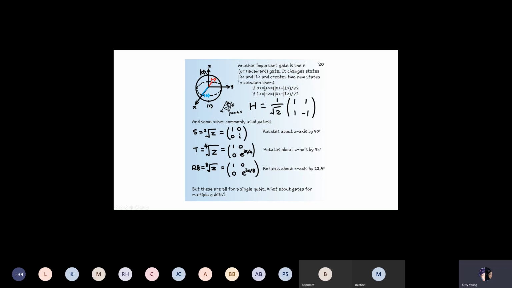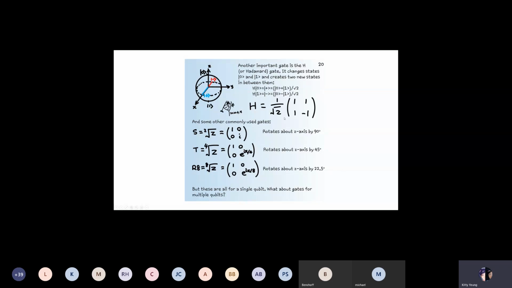So that has a plus sign. We just simplify it and label it as the plus state. And 1 is also put into a superposition of 0 and 1, but with a minus sign. So that location there is the minus state.